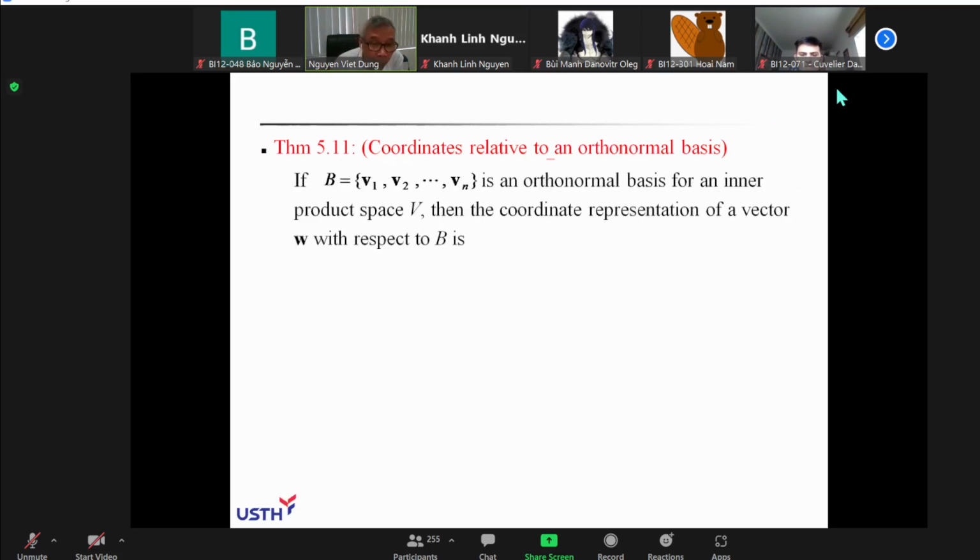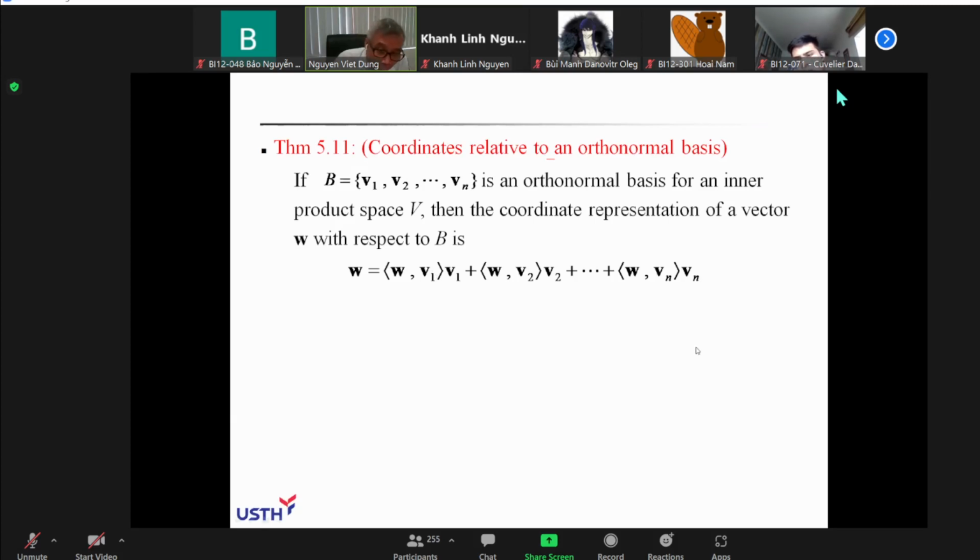Suppose that B is an orthonormal basis for inner product space V. Then if W is any vector inside V, the coordinate column of W relative to the basis B is given by the following formula.